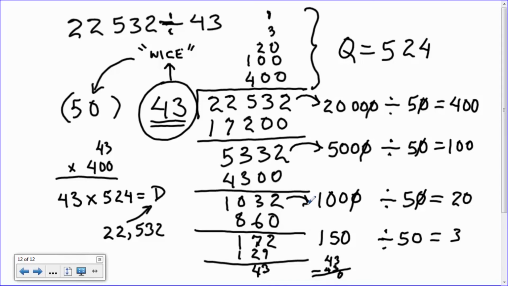Now, before I leave this one, if I were to modify this problem and maybe change the 32 to a 40, increase it by size 8. That means when I get finished, I'm going to have a remainder of 8. So if I increase this by 8, I'm going to have a remainder of 8.